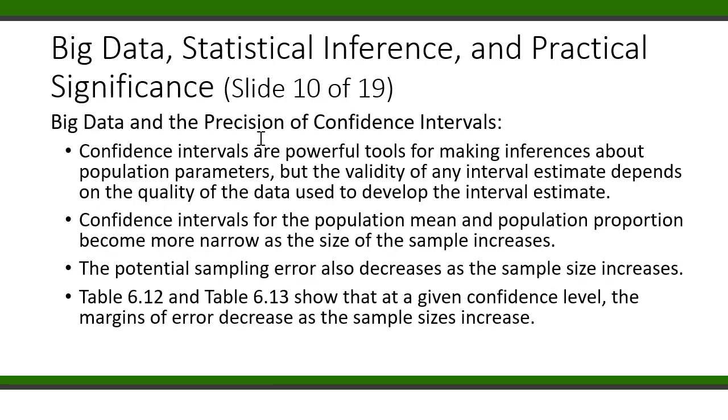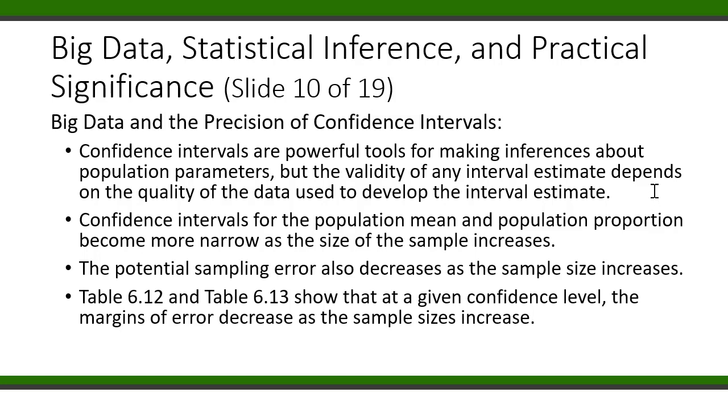So the next thing I want to talk about is how does big data impact confidence intervals. So confidence intervals are great tools for making inferences about your population parameters. But how valid are they when it gets to large data sets, and what's happening when the data sets are very huge?